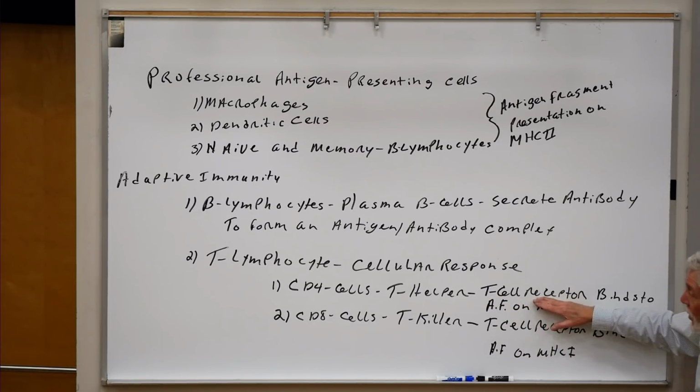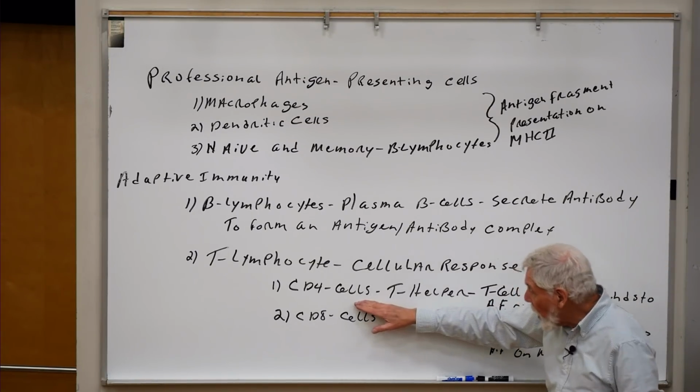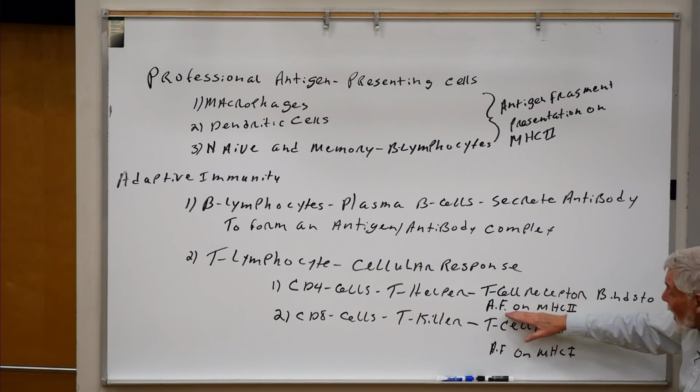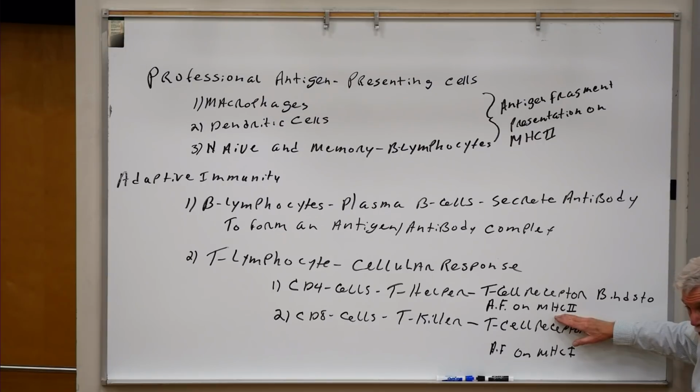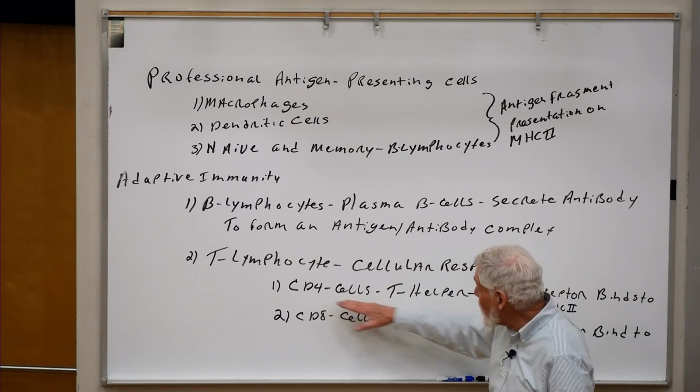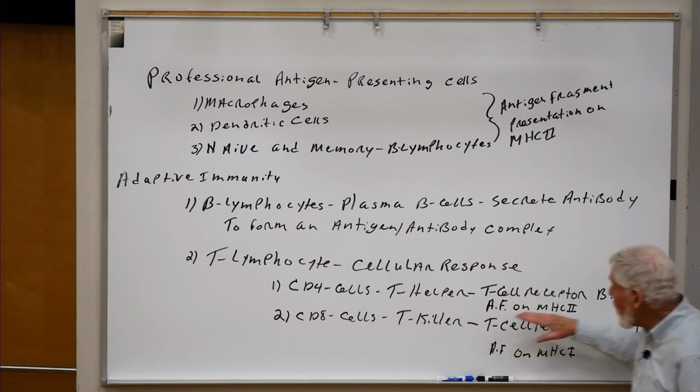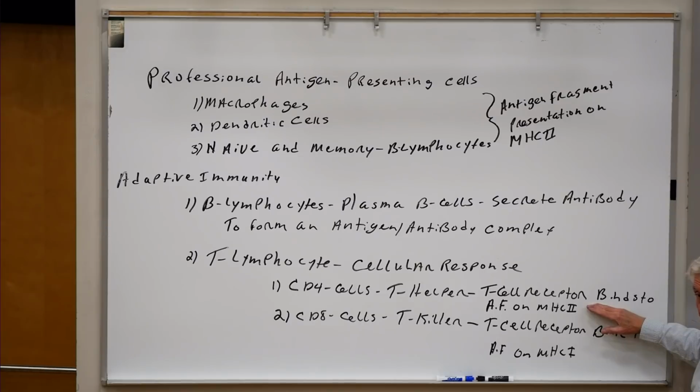The T cell receptors on CD4 cells recognize antigen fragments displayed on MHC2 proteins of professional antigen-presenting cells. So the sequence here is: a CD4 cell is a T helper cell. T helper cells can only talk to professional antigen-presenting cells because they can only talk to the MHC2 proteins.